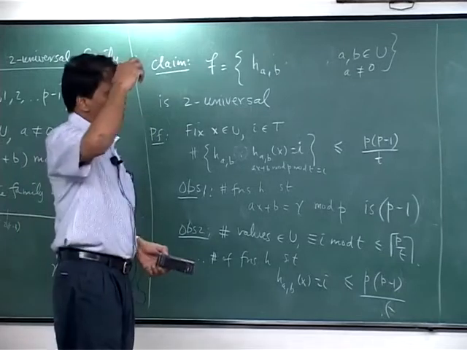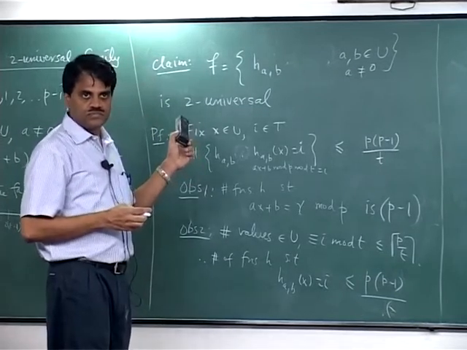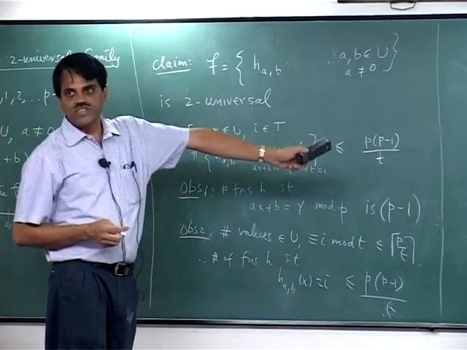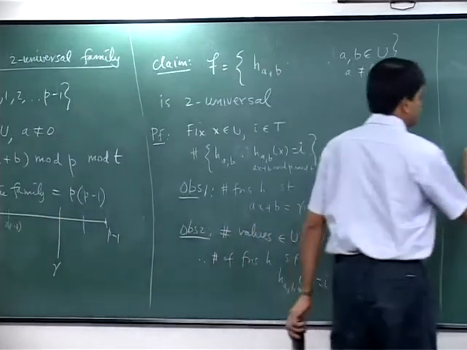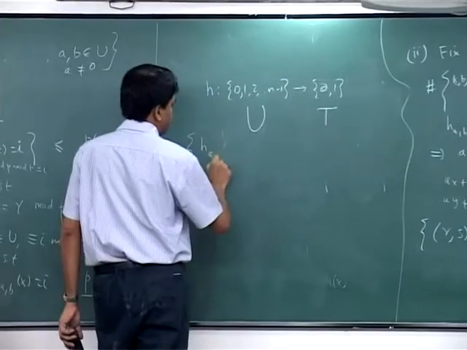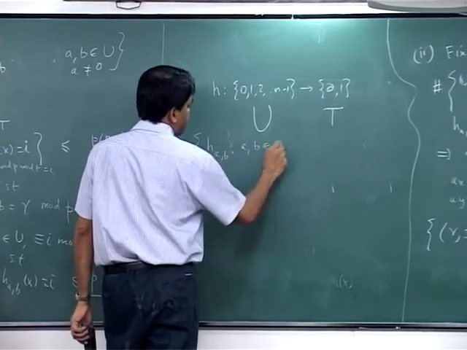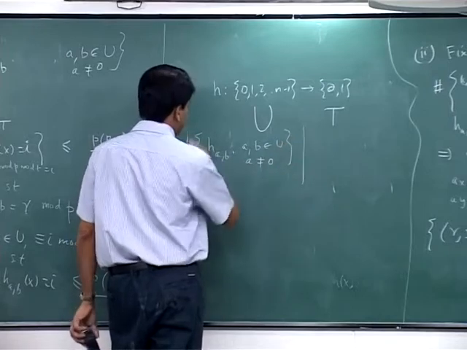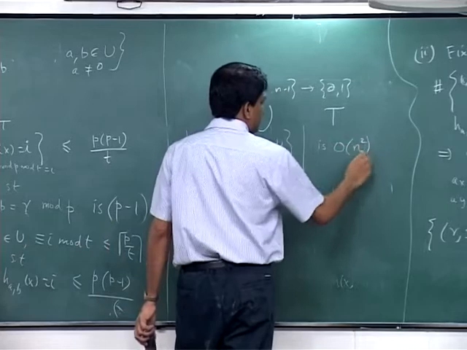How many functions are there? P squared. So in our case, my universe is n, and there are order n squared functions, because I have to go to the next prime or something.